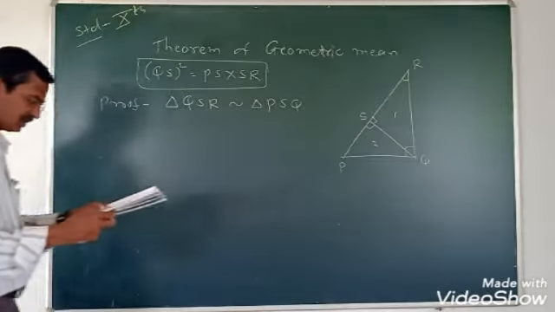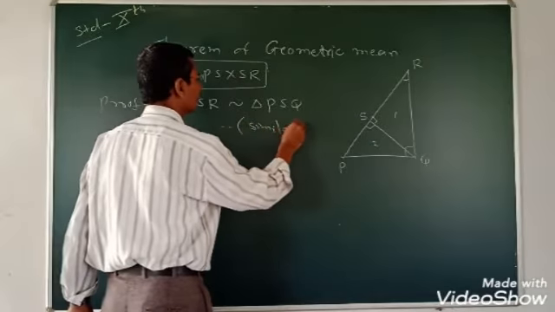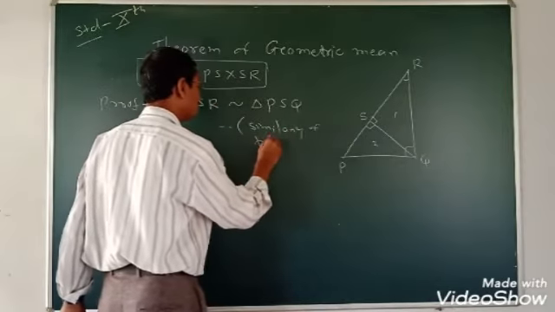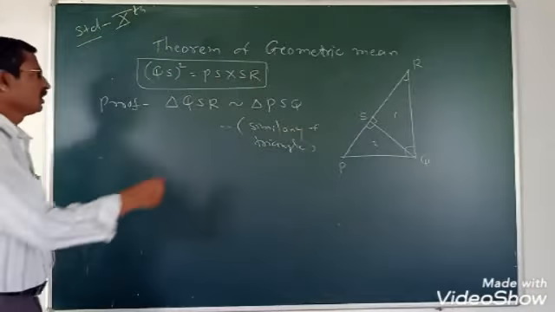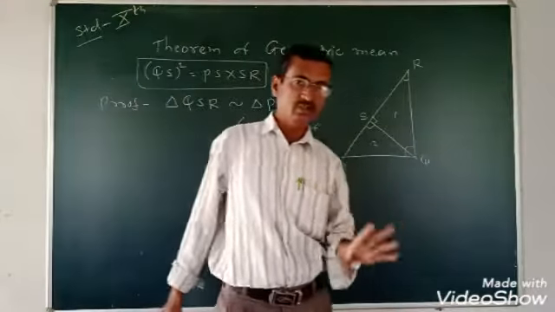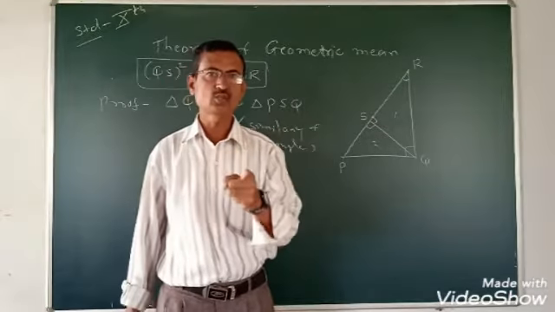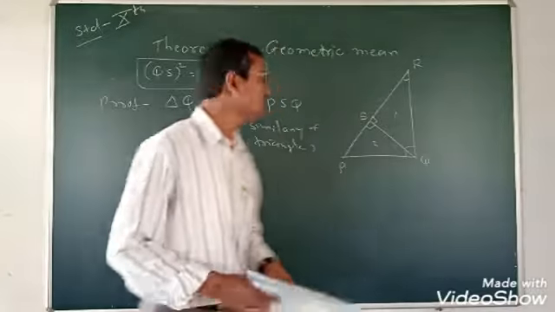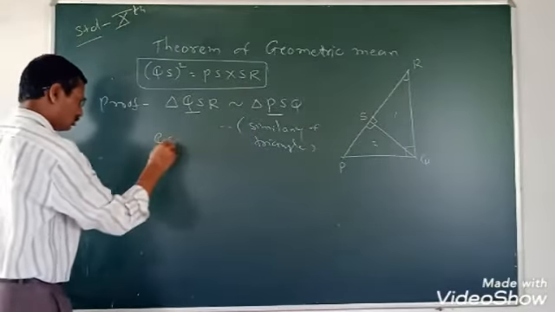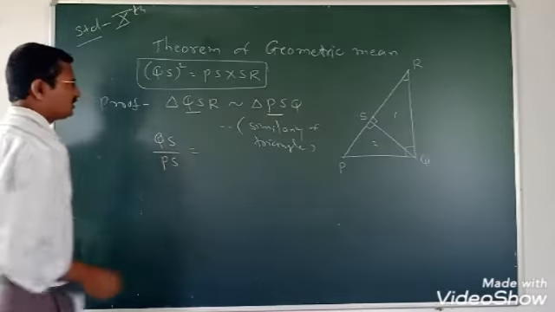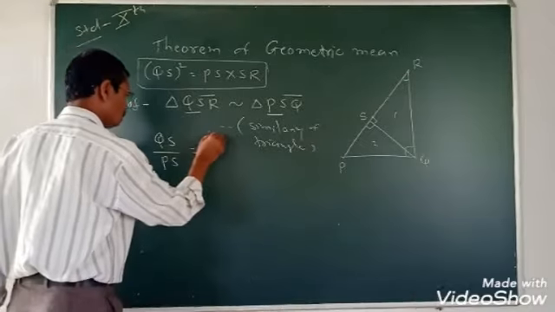We had seen this theorem, the similarity of triangles. Again, no need to prove it. We have already proved it. And you know that if two triangles are similar, then the ratios of their corresponding sides are equal. It means that QS upon PS is equal to SR upon SQ.